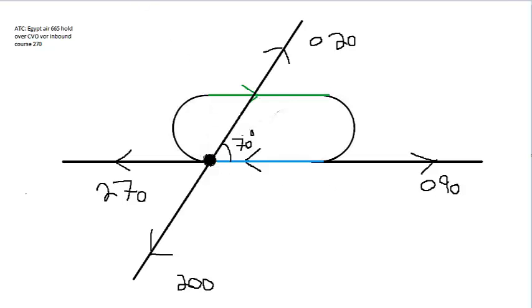Now, this area here, if I just extend a little small line, let me get the correct line.